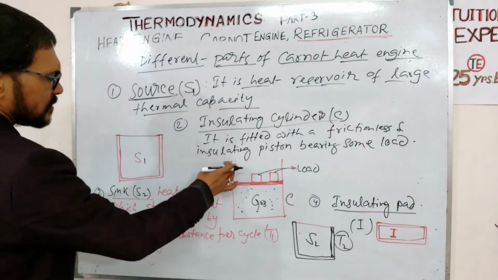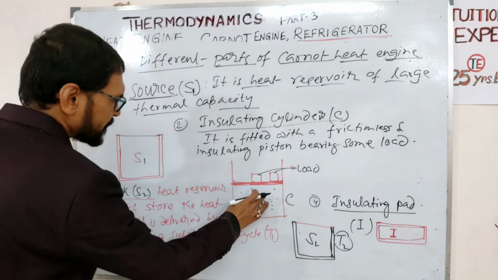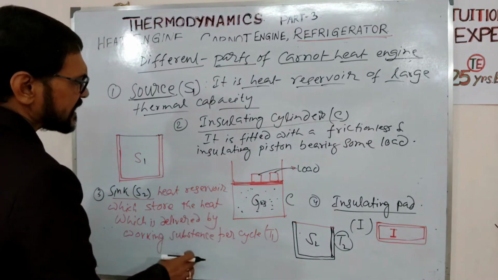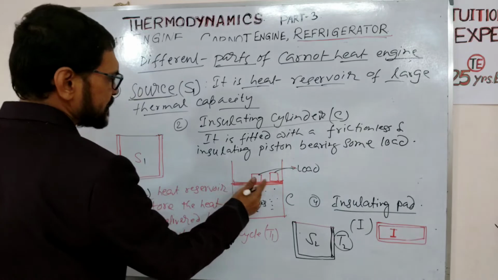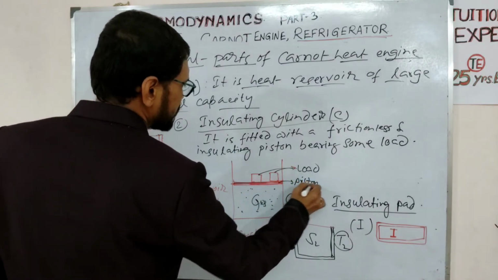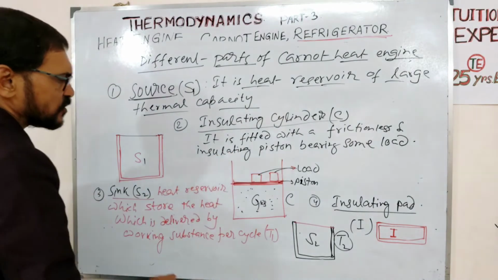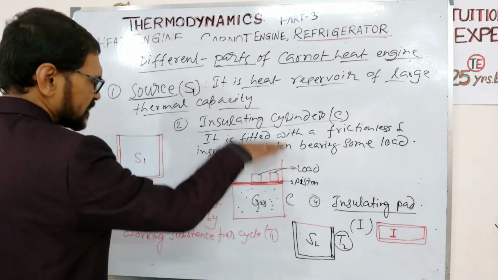A cylinder and piston are contained. Some gas is enclosed within the cylinder, and the piston is frictionless. This is the piston. Some load is added to the piston such that the gas can compress.